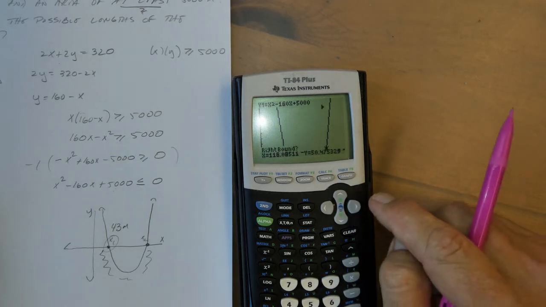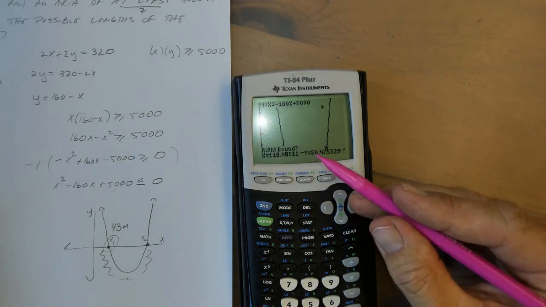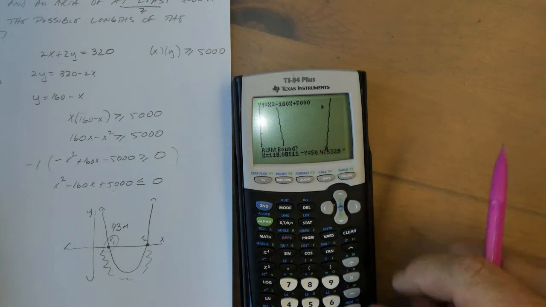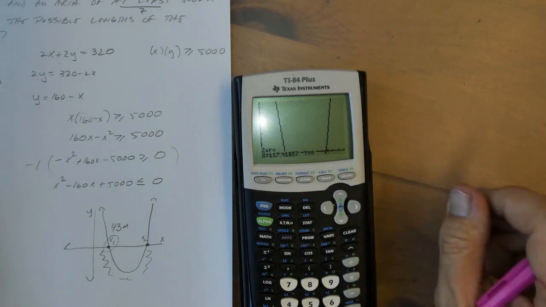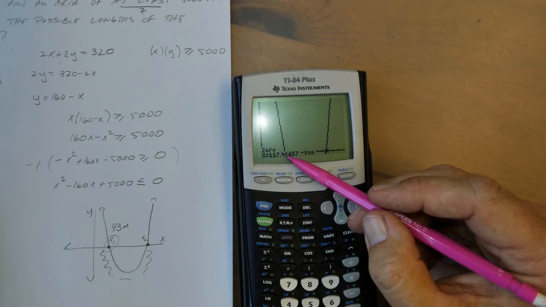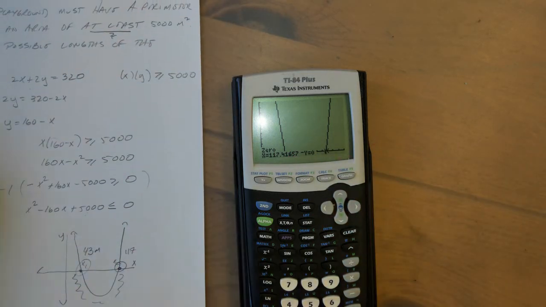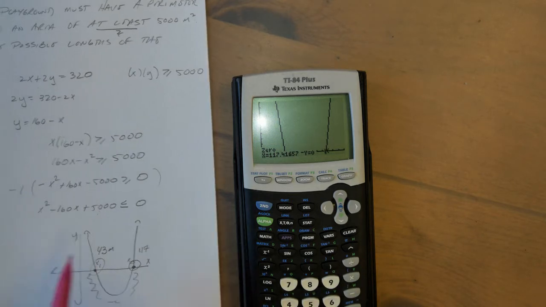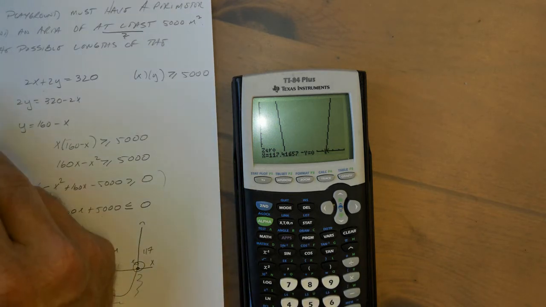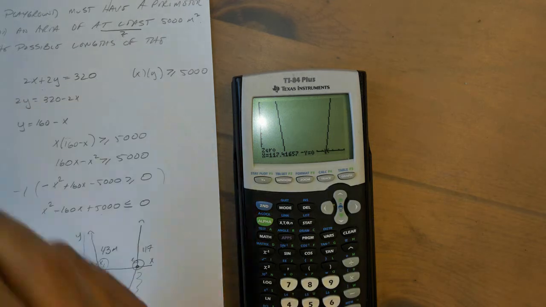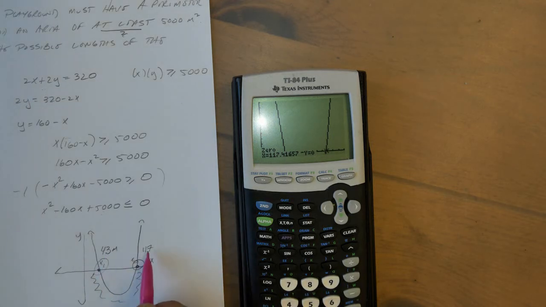I move with the right arrow. Now my y value is positive, so I am above. So I hit enter, and now I'll use that as a guess. So again, 117.416. I'm going to call that 117. So here's what we're saying: as long as the x coordinate, this portion of the rectangle, is anything between 43 and 117, this would work.